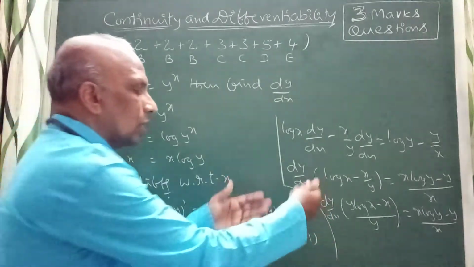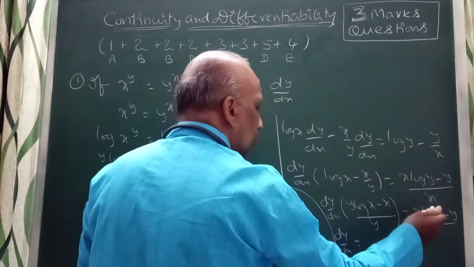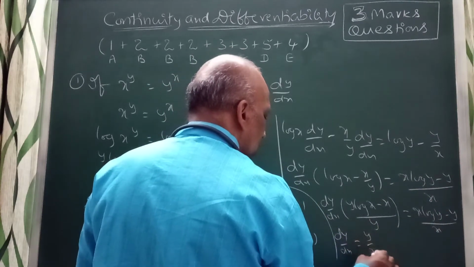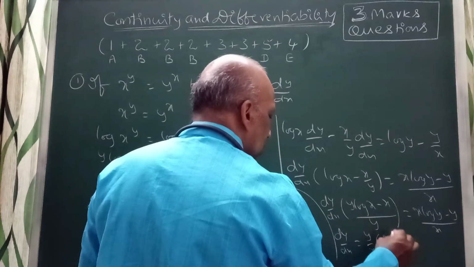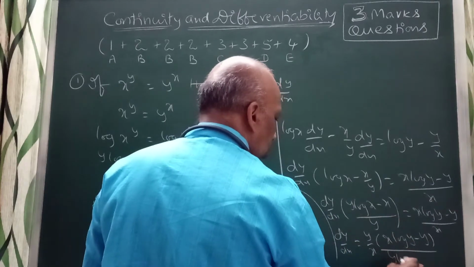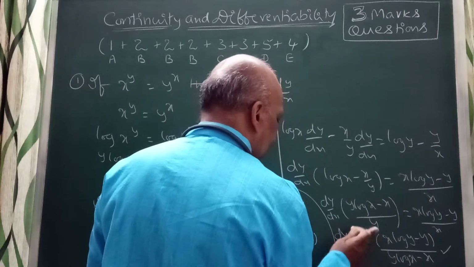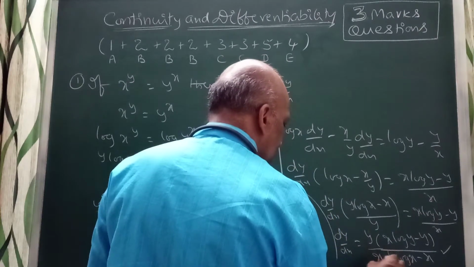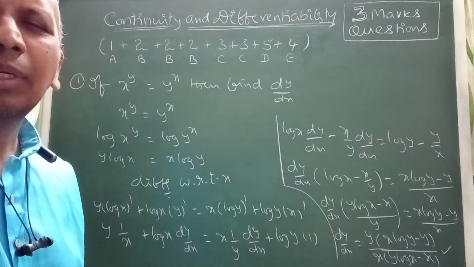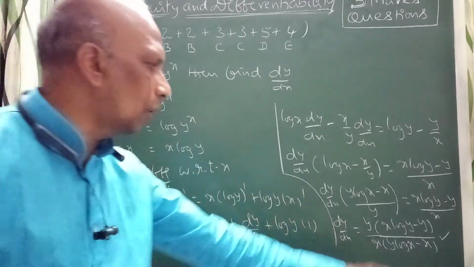Now if I transfer that side in reverse, dy by dx equals y by x into (x log y minus y) by (y log x minus x). You can write it like this: y into, x into. With this we have completed the problem. So this is the problem I have completed.